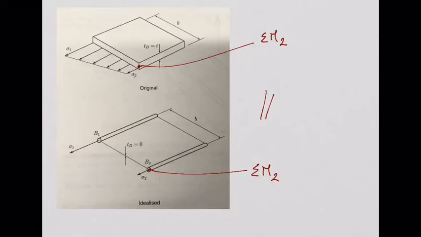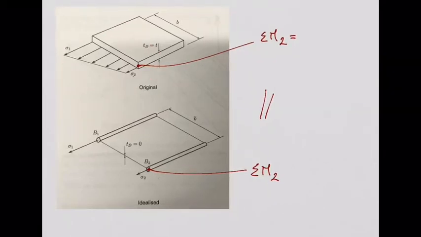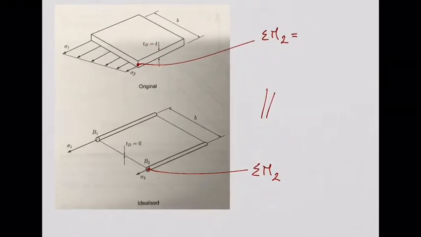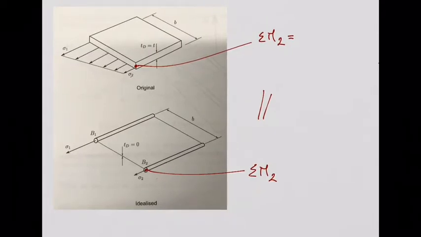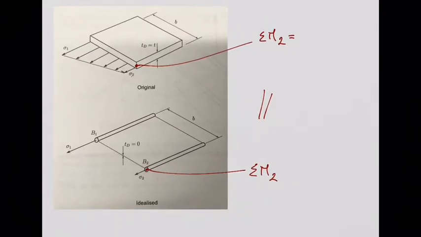So that's what we're going to do. I'm going to calculate the moments produced by this real structure with this loading here, these direct stresses, about point number 2. And in order to do that, I'm going to divide these distributed loads into a rectangular one, this one in green, and a triangular one, this one in red.